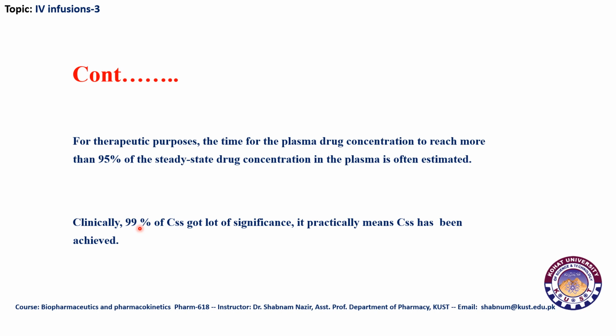As we already discussed, the steady state level is the level where the concentration is not changing. So that's why the clinicians and the pharmacists are interested in these values and in these measurements and calculations.